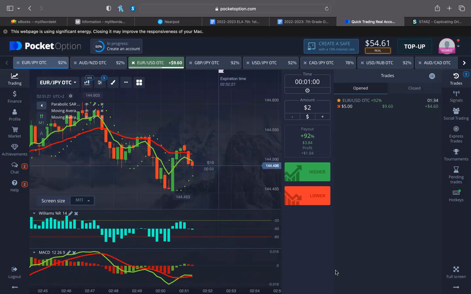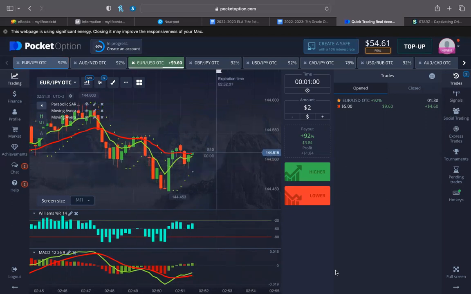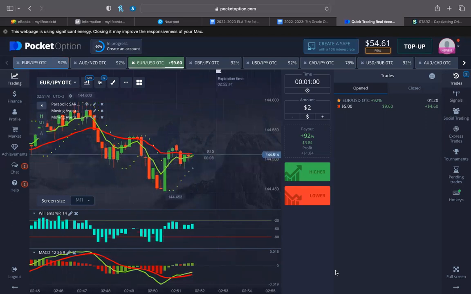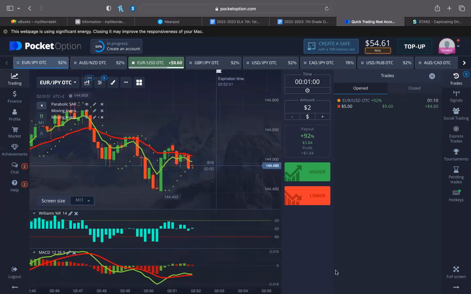Still don't have the cross I'm looking for. Looks like it's actually going to go back down into a sale.